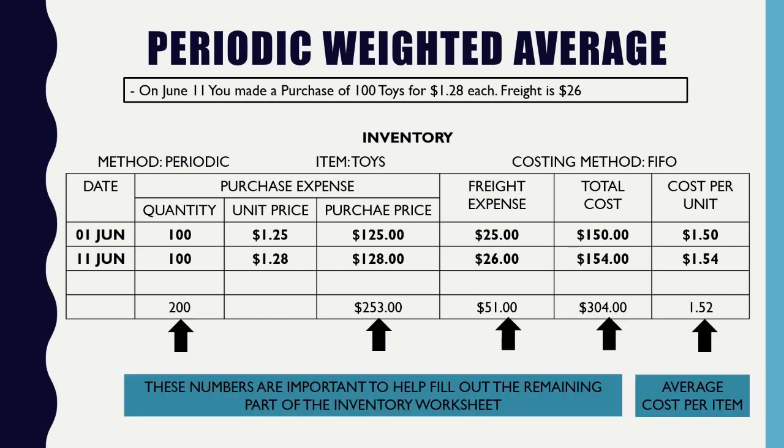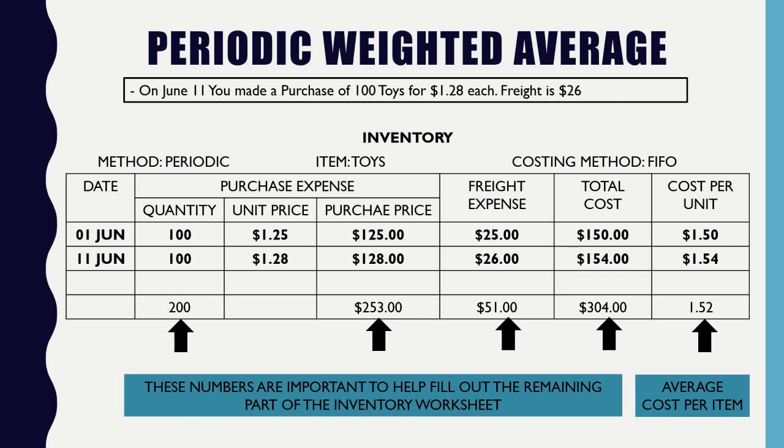Instead of doing all of this, we're going to find the average cost per item, which is the total cost divided by the total quantity. In this case, it's 304 divided by 200. That gives us an average cost per item. We're taking everything and spreading the cost evenly amongst all of it. So this is what this is.